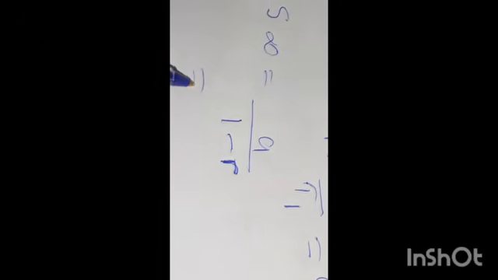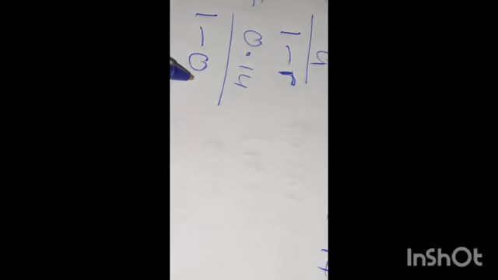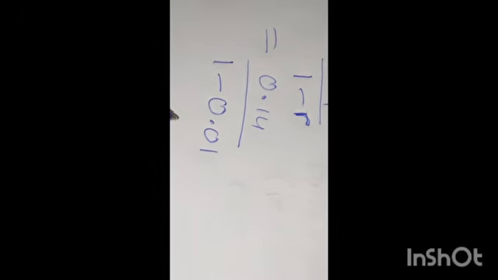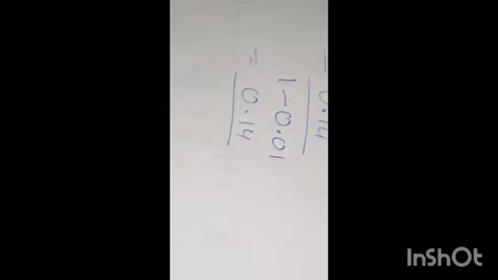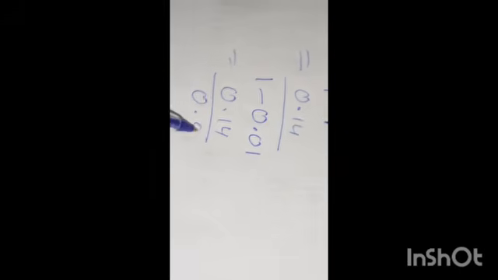Our a is 0.14, so we say 0.14 over 1 minus 0.01. 1 minus 0.01 gives 0.99. So from here, what are we going to do?